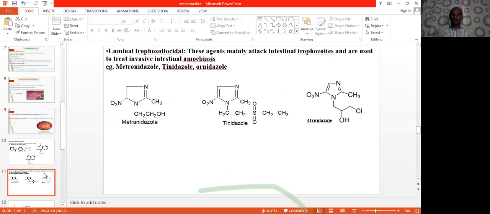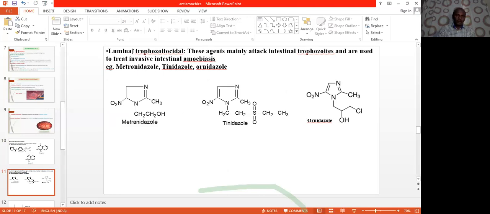And luminal trophozoiticides. So these drugs are again for luminal, that is intestinal infections, and examples are metronidazole, tinidazole and ornidazole.